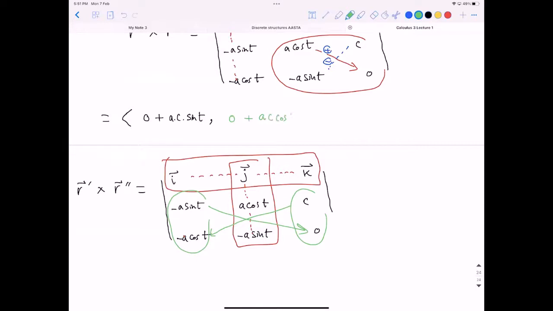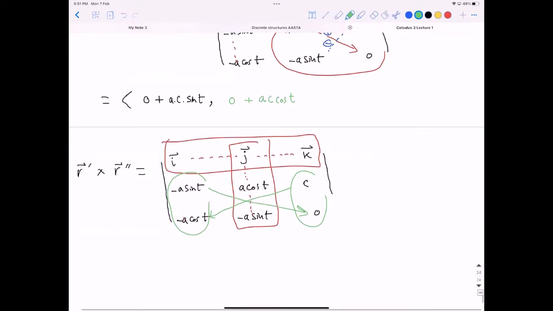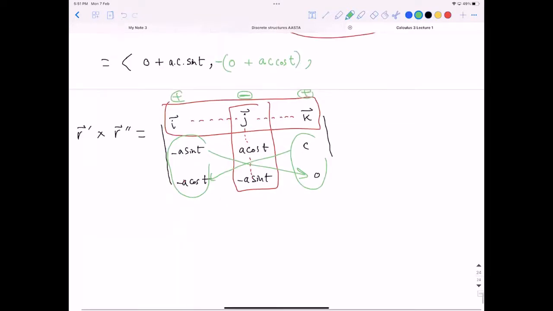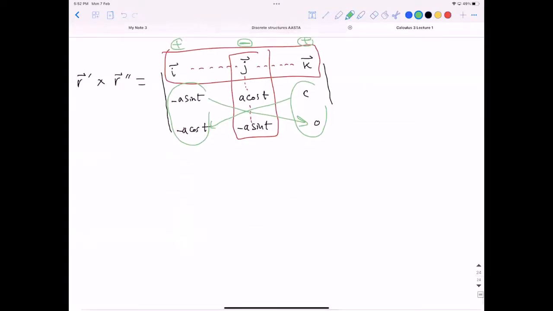Doctor, I have a question: shouldn't it be negative, since the J component is negative? Yes, right, you are. Great. This is negative, this is positive, this is positive again. Exactly. So we have a negative sign here.